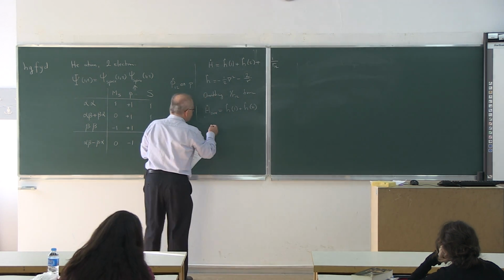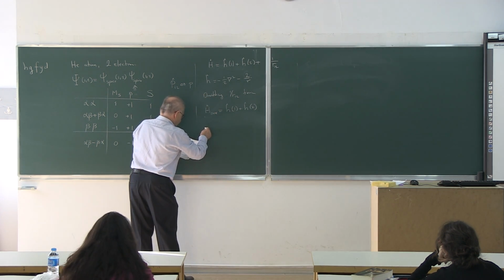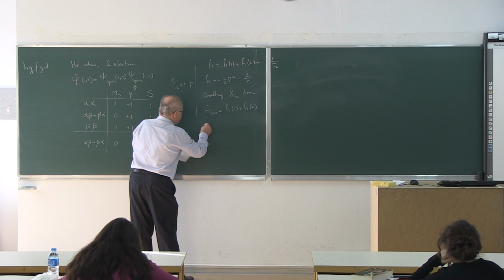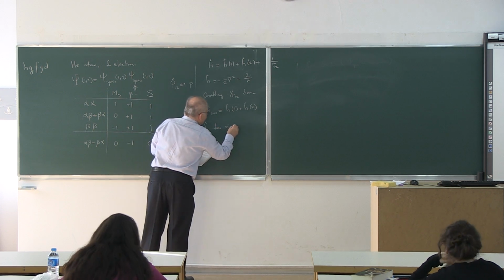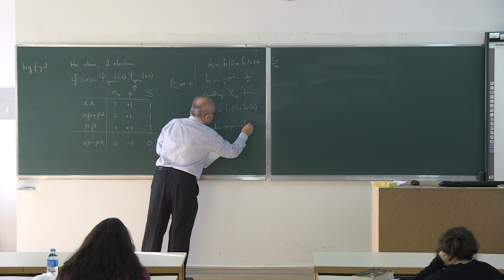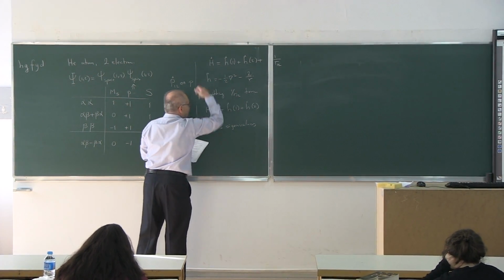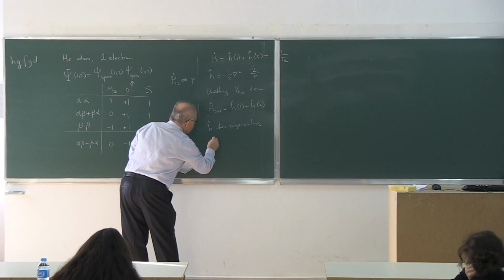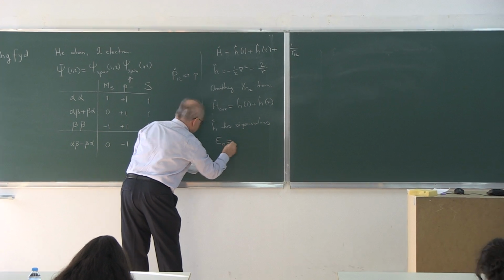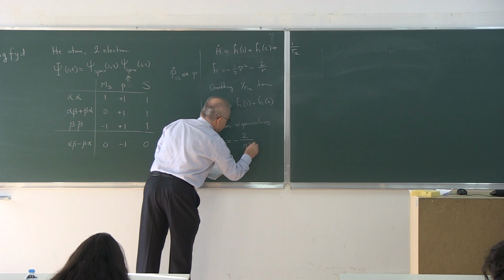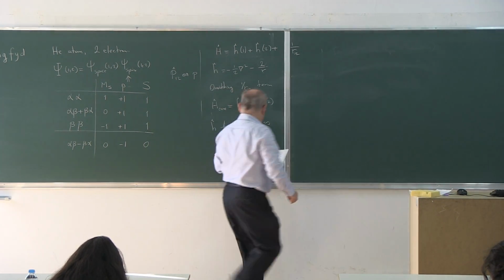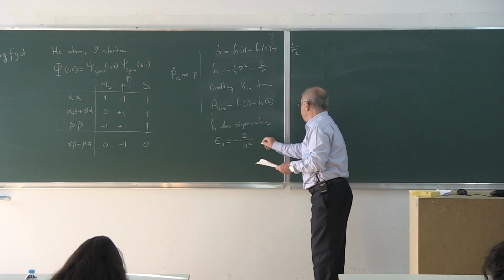So each electron, the one electron Hamiltonian h has eigenvalues, which are En, and it is this in Hartrees.